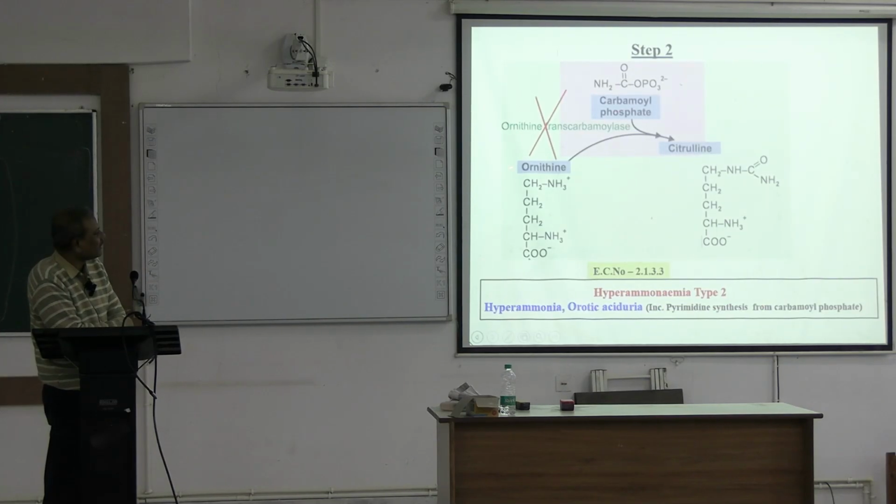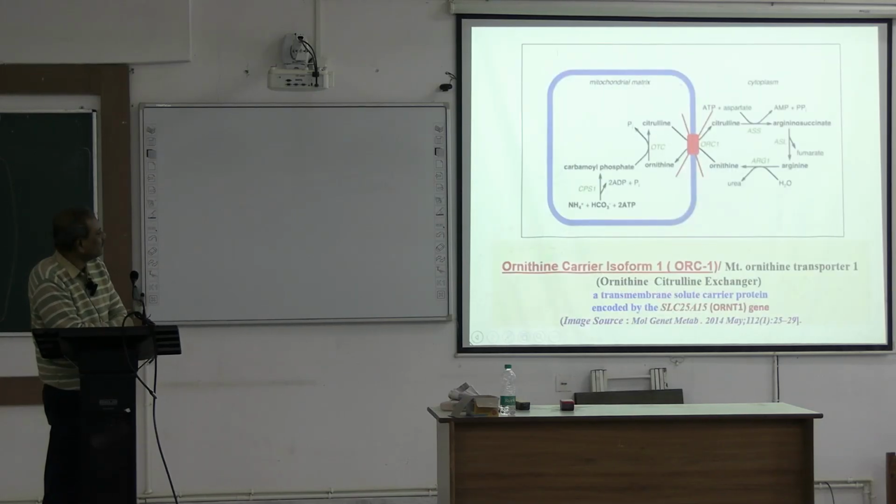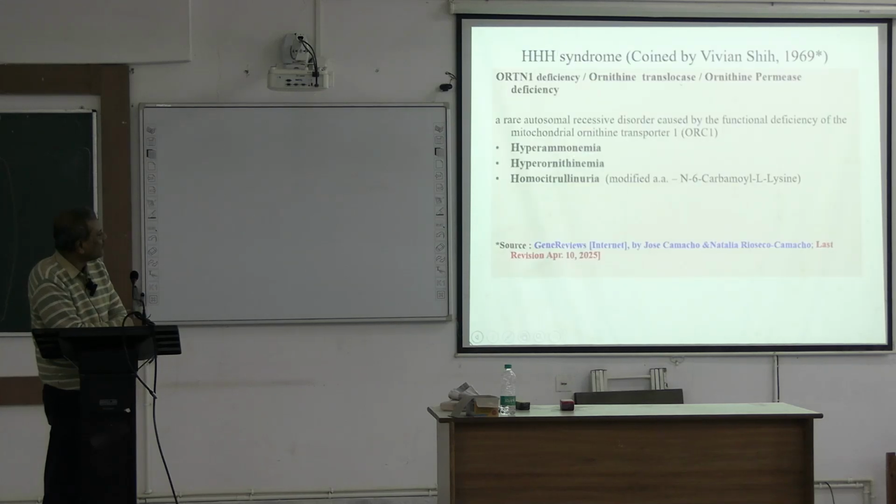So, there will be hyperornithinemia, and citrulline will also be affected because citrulline cannot be produced. So, hyperammonemia will be there, hyperornithinemia will be there, and in addition homocitrullinuria will be there. Why homocitrullinemia?